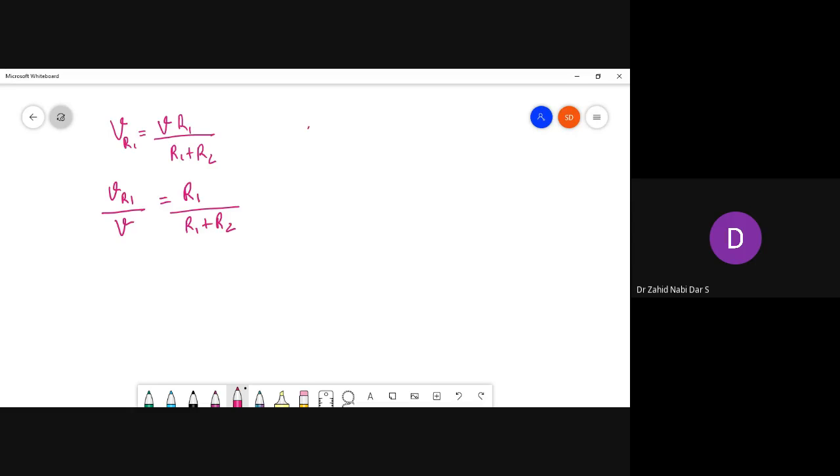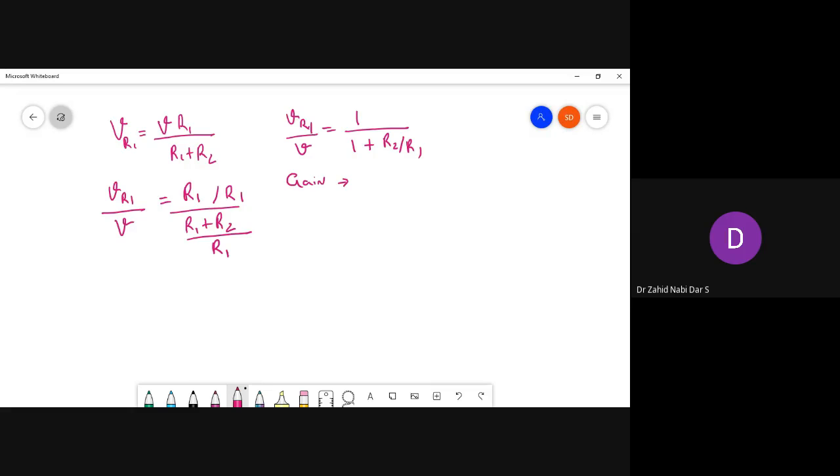Or if I have to write this in other terms, if I multiply and divide by R1, I can write 1 upon 1 plus R2 by R1. So what I have done, I have divided by R1 here and by R1 here, R1 by R1 is 1, and 1 plus R2 by R1. So this is the gain, voltage gain.